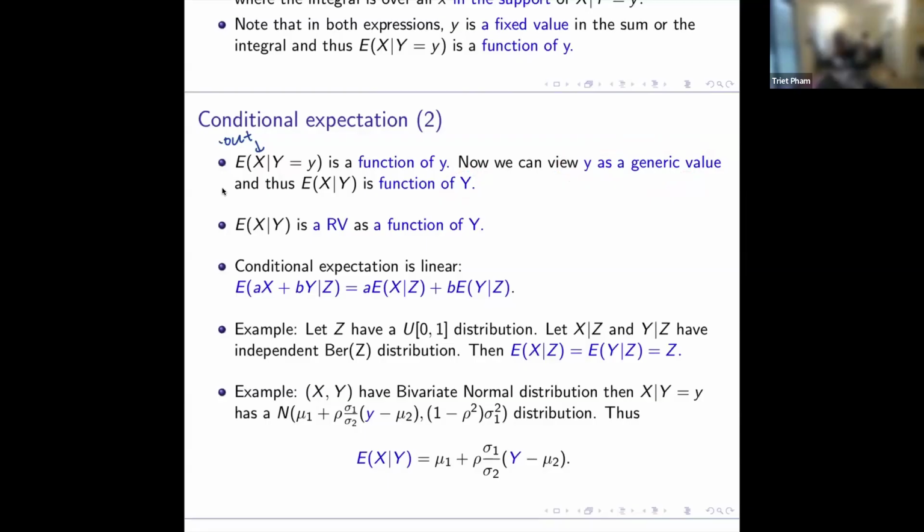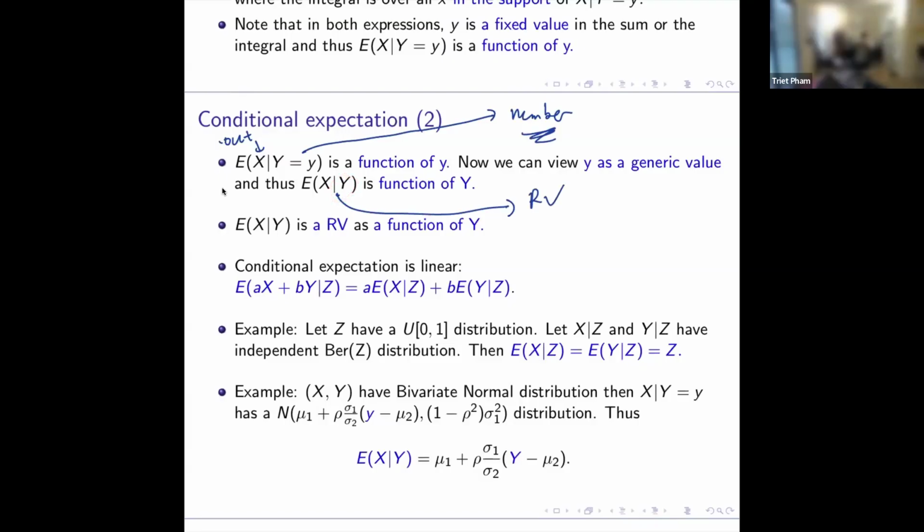The significance is that the little y here is a numerical value. So this whole thing is a number. The conditional expectation of X given Y equals a particular value is a numerical value, a constant. While here, it is a random variable because big Y is random.